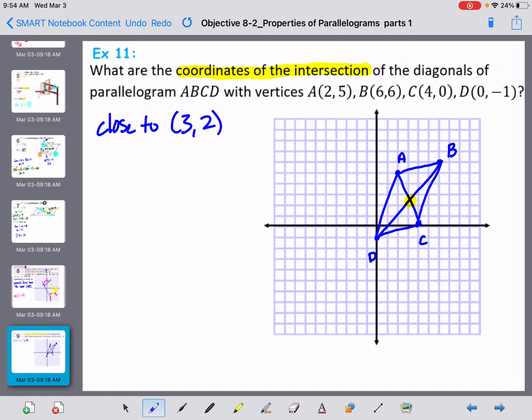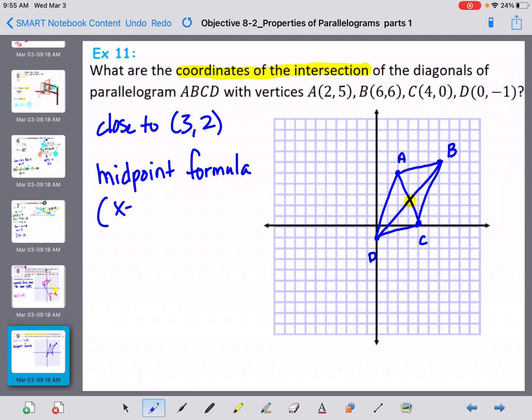Halfway means I'm in the middle. Right, we learned the midpoint formula. Oh my goodness, Miss Bearden, that was so long ago. How do you expect me to remember the midpoint formula? Well, ladies and gentlemen, the midpoint formula is pretty simple. You add the x's and divide by 2, you add the y's and divide by 2, and that's the middle of your line.